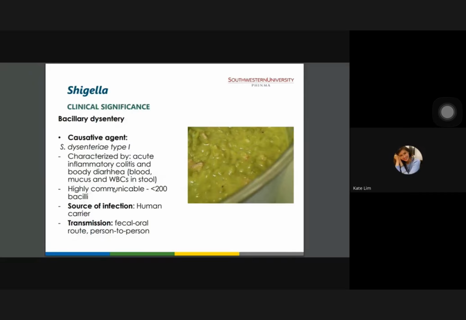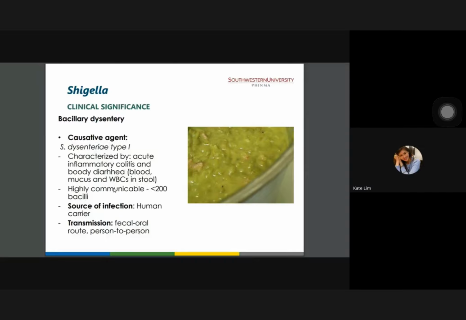We have acute inflammatory colitis. What is colitis? The infection causes inflammation of the colon, colitis. If there's inflammation of the colon, the patient may experience painful and frequent bowel movements. The patient may experience the urge to poop after pooping.